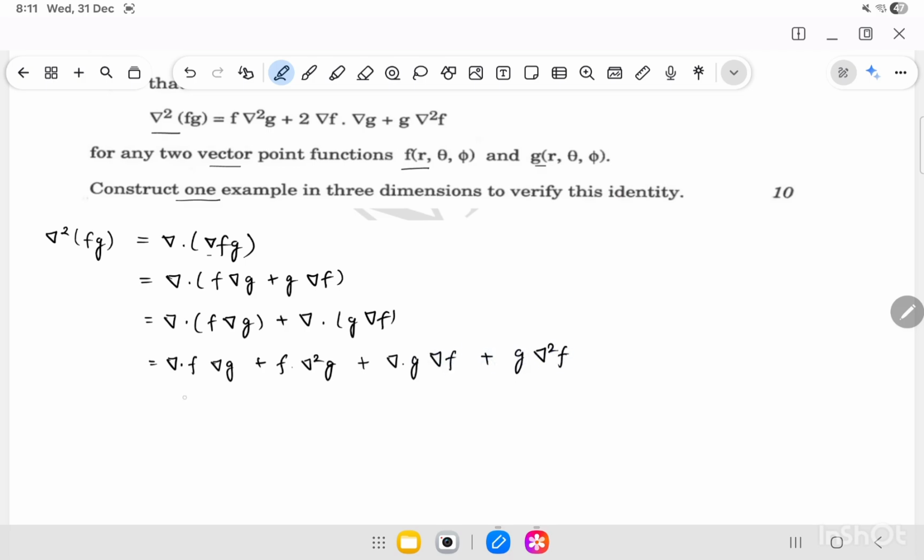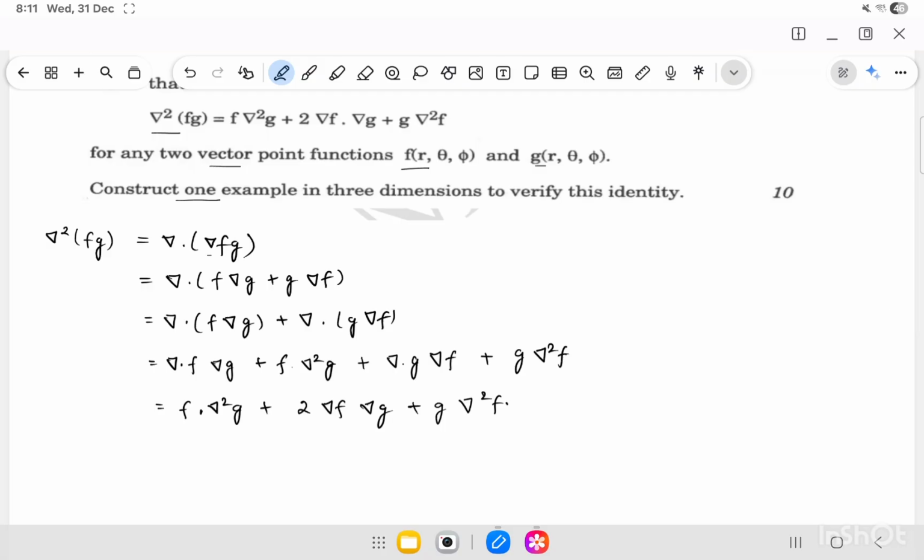Now if I simplify it, it can be written as f times del square g plus 2 times del f dot del g plus g times del square f. And this is the exact relation that we are supposed to prove.